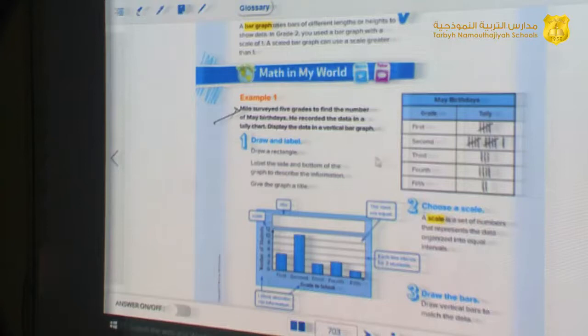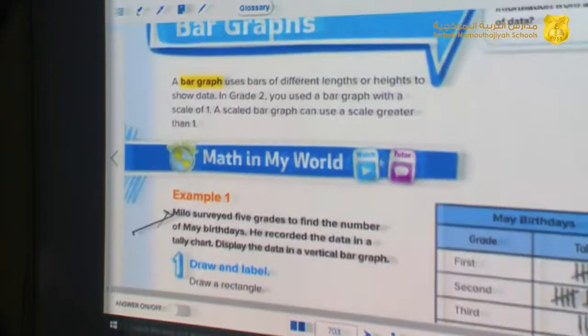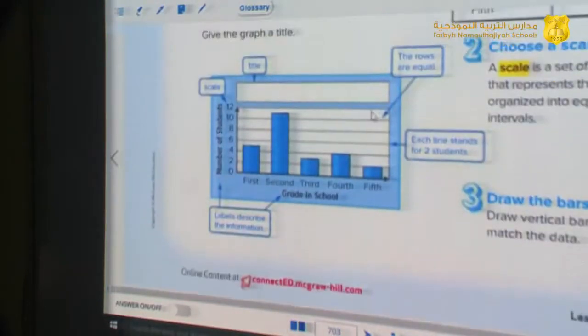Vertical bar graph. How to draw this vertical bar graph? First, we draw a rectangle. I will maximize this page to show you that.